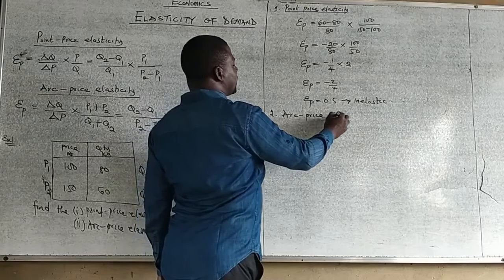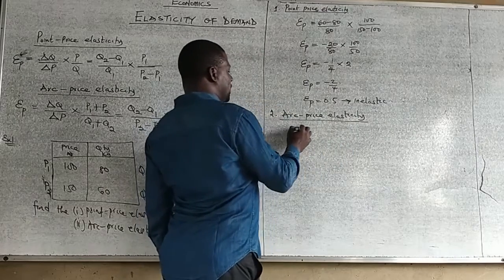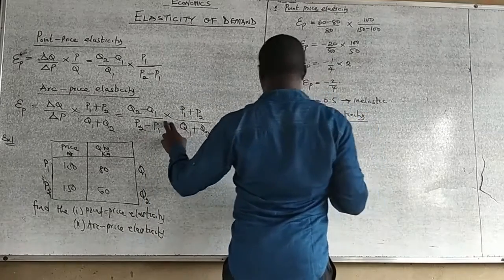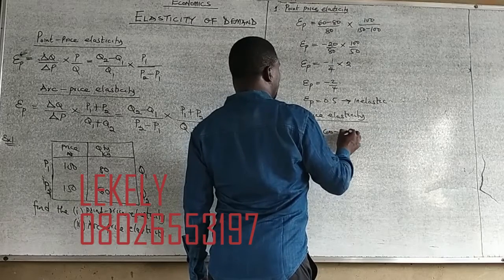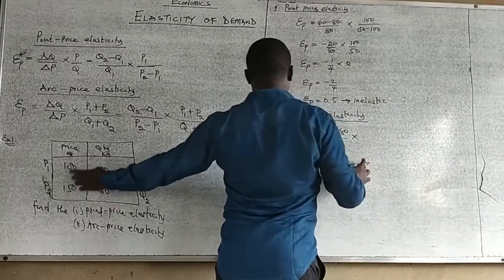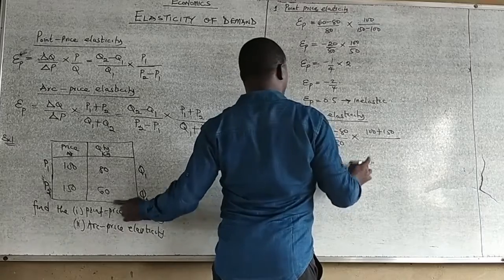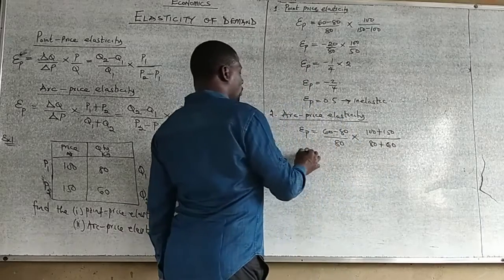Now if I want to use arc price elasticity, that means I'll use this formula. Q2 minus Q1, 60 minus 80, over 80 times P1 plus P2, that's 100 plus 150, over Q1 plus Q2, 80 plus 60.